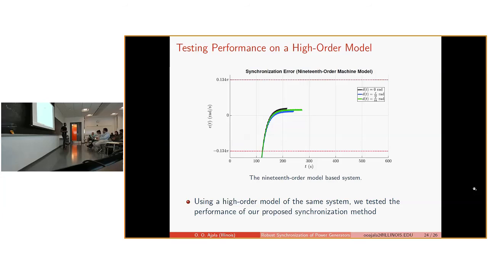Can I have a follow-up question? So you cast the problem in continuous time, but we need to measure the phase using a PMU, which is discrete time, and it may take some time to deliver that information. So will that delay affect the performance of your system?